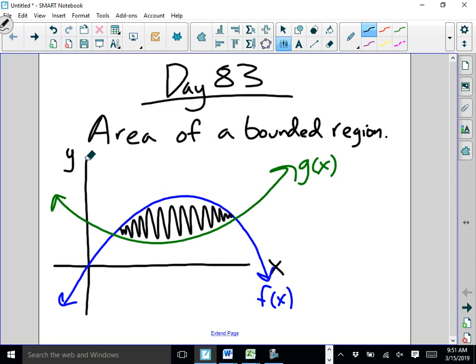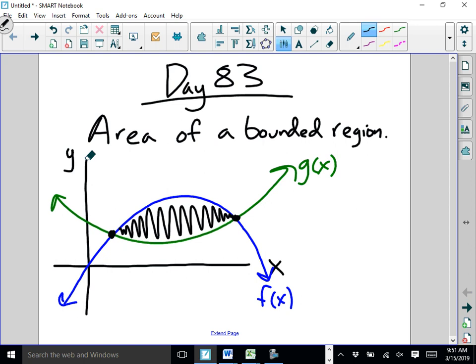Well, in thinking about this, it's going to be really important to know where those two functions intersect, right? This point right here and this point right here, the two intersection dots there are going to be very important.